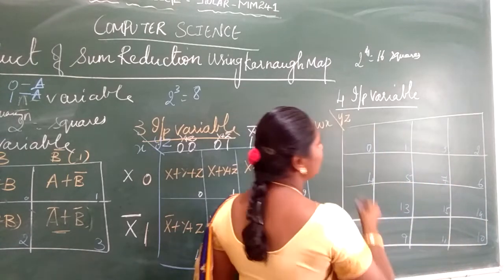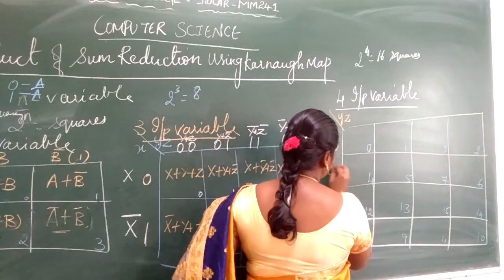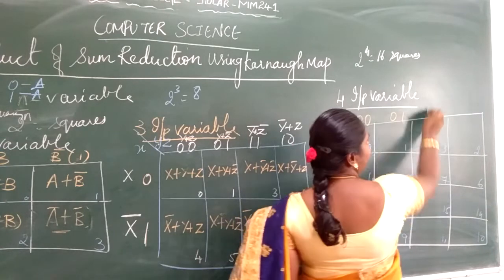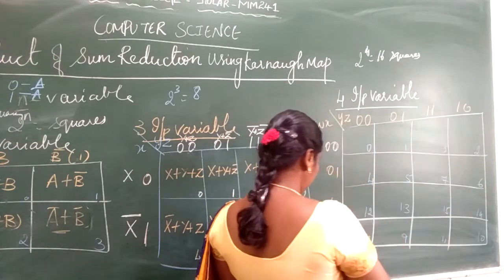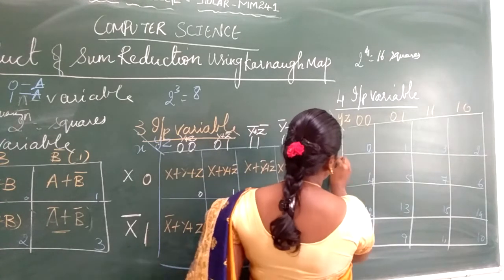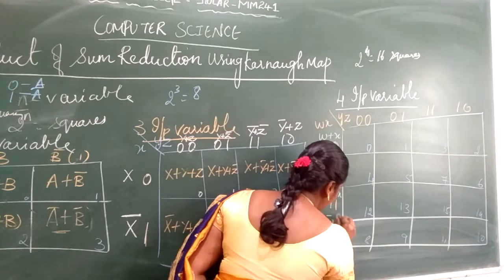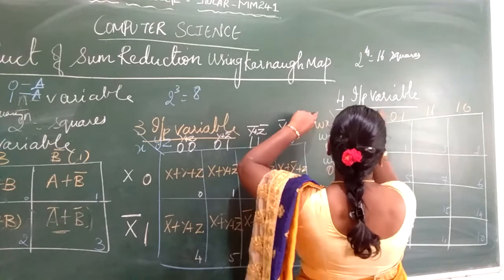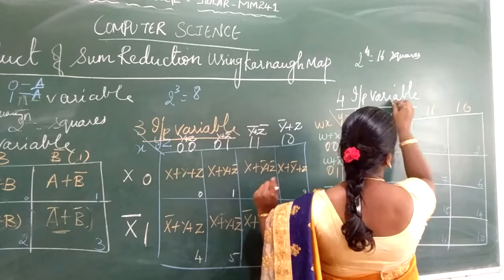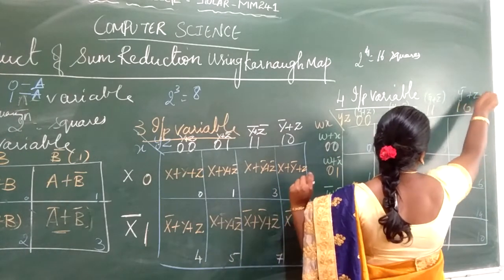After addressing, you represent the binary values 0, 0, 0, 1, 1, 1, 1, 0 for both axes. Then you represent them in the form of variables: w plus x, w plus x bar, w bar plus x bar, w bar plus x, and y plus z, y plus z bar, y bar plus z bar, y bar plus z.